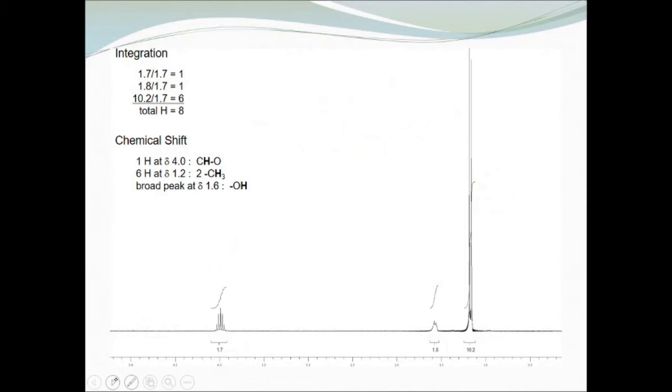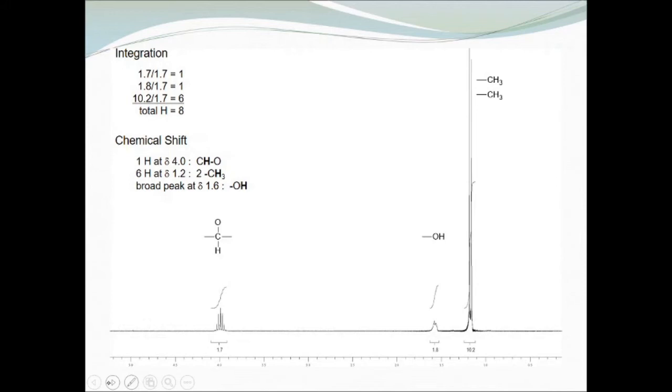So at this point we have this information based on chemical shift: the alkoxy, the broad peak at 1.6 is our hydroxy, and the tall doublet that integrates to 6 would be 2 methyl groups. And so we'll draw out those pieces in this format.